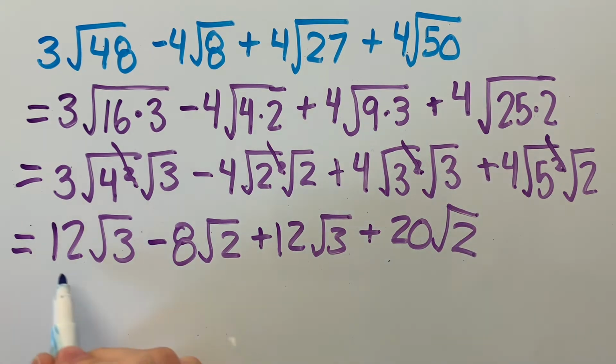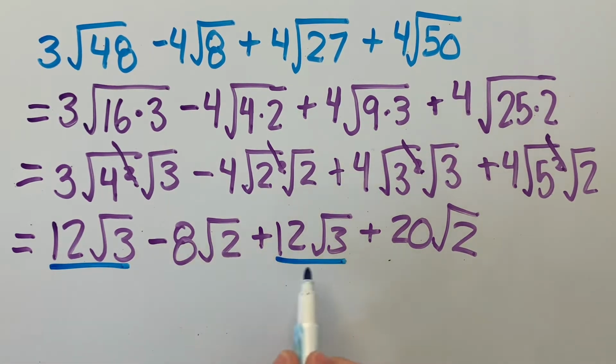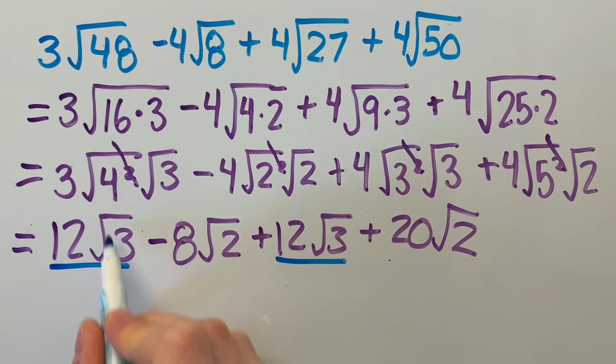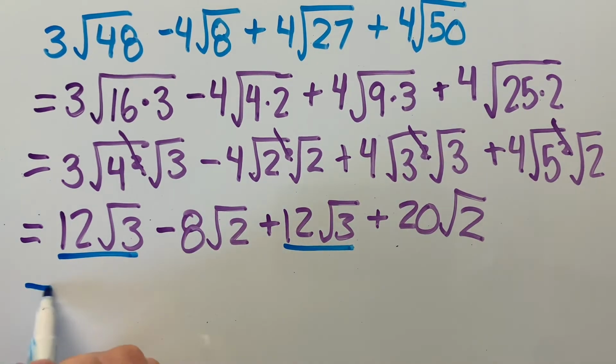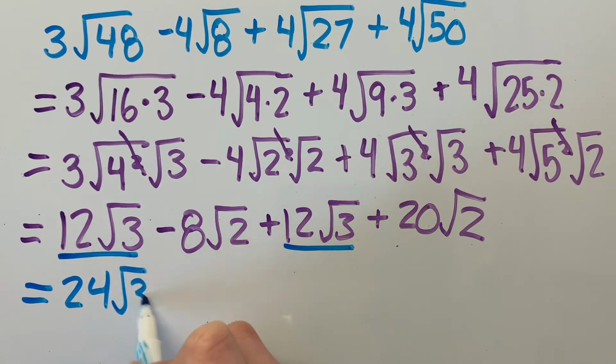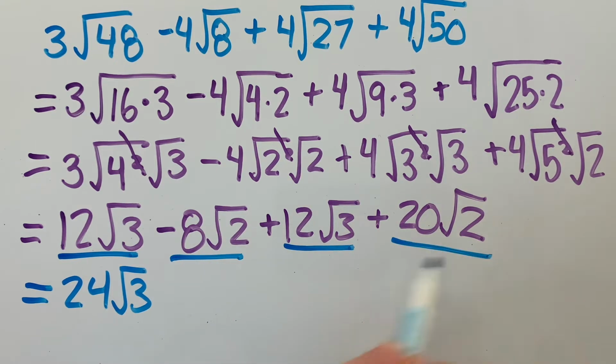Now we can go ahead and add our like radicals. So both these terms have root 3, so that would be 24 root 3, because you add the coefficients, or the numbers not under the radical, and we can also add minus 8 plus 20, which is plus 12 root 2.